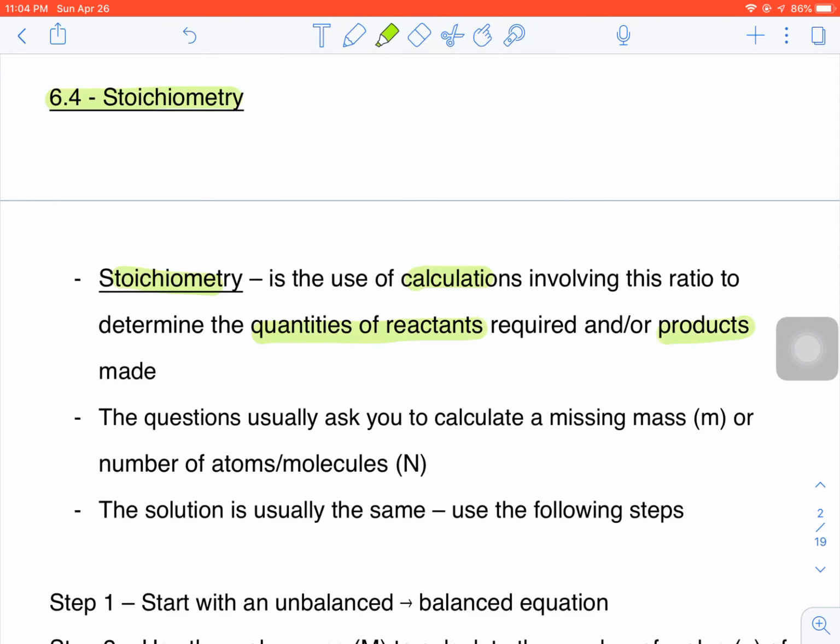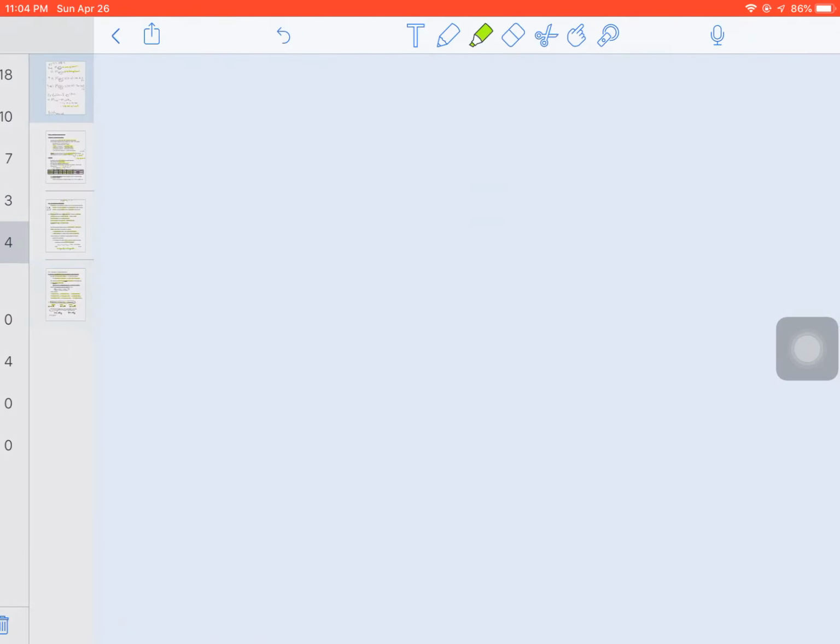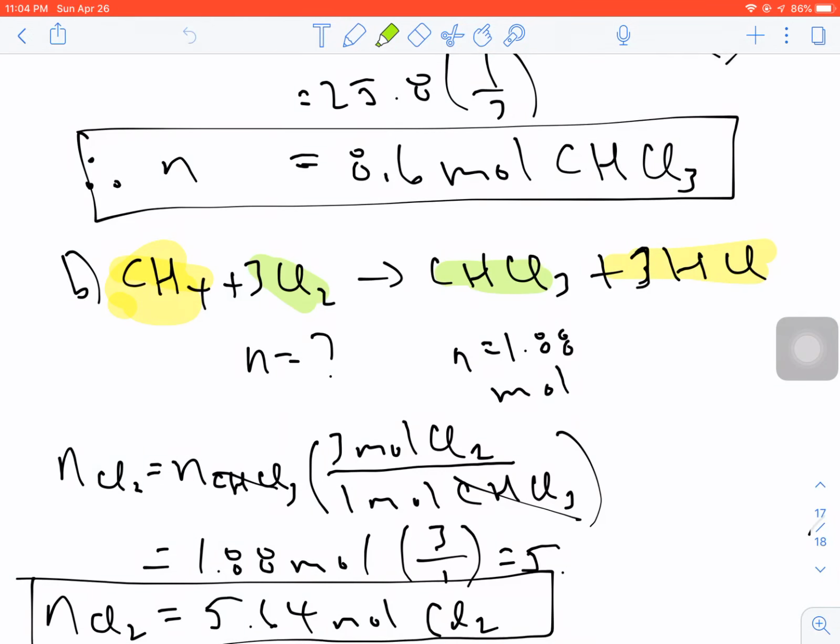Now, in a lot of cases, we'll be asked not for the number of moles, but we'll actually be given grams. So in the last question that I just did a moment ago, this one's telling me that to make 1.88 moles of chloroform, I need 5.64 moles of chlorine.